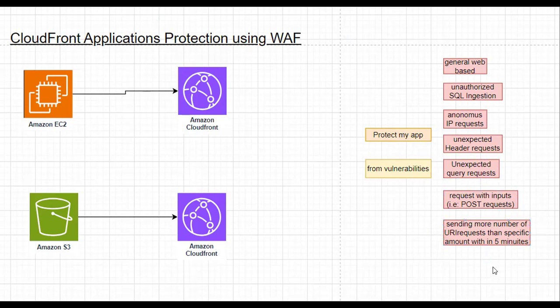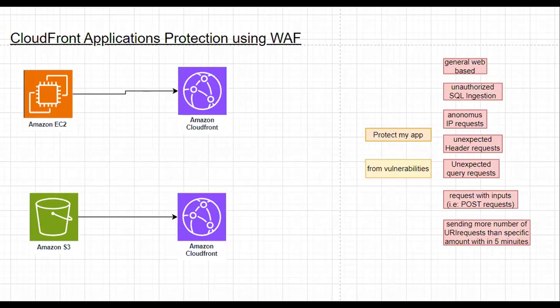Let's say someone is sending more than 100 requests within 5 minutes. What can you understand from that? It might be considered one of the vulnerabilities, right?